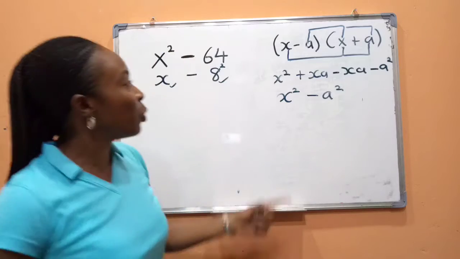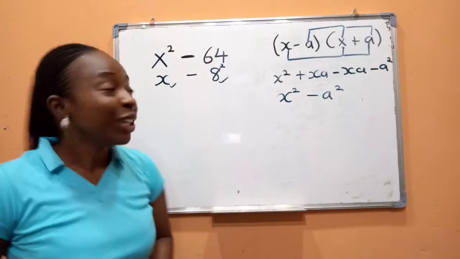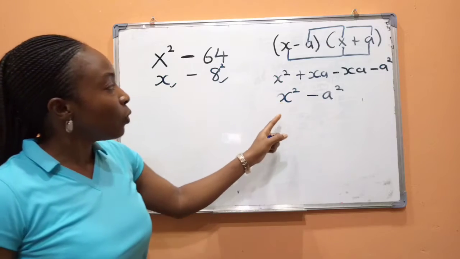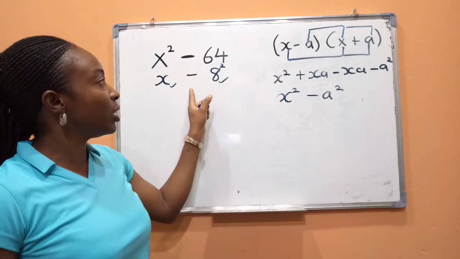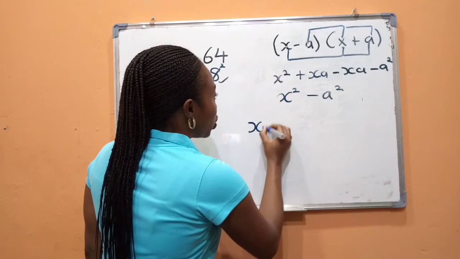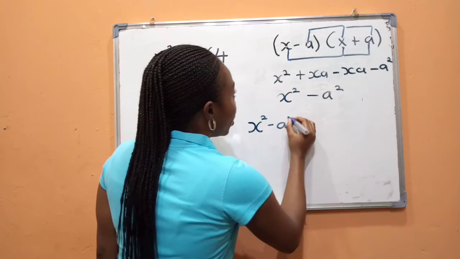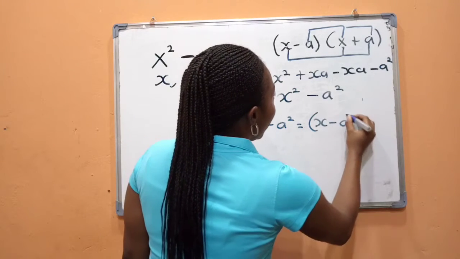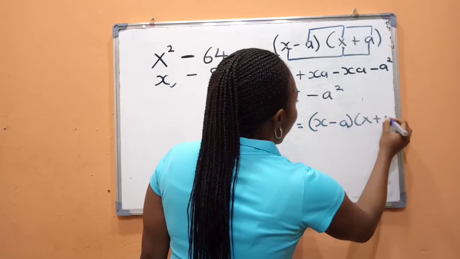What do you observe? We are back to the difference of squares. So let's equate these. x squared minus a squared is equal to x minus a times x plus a.